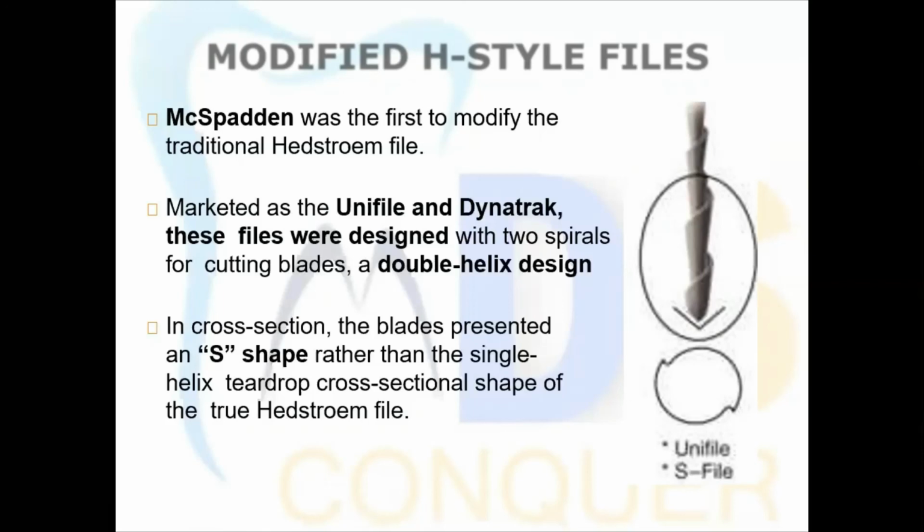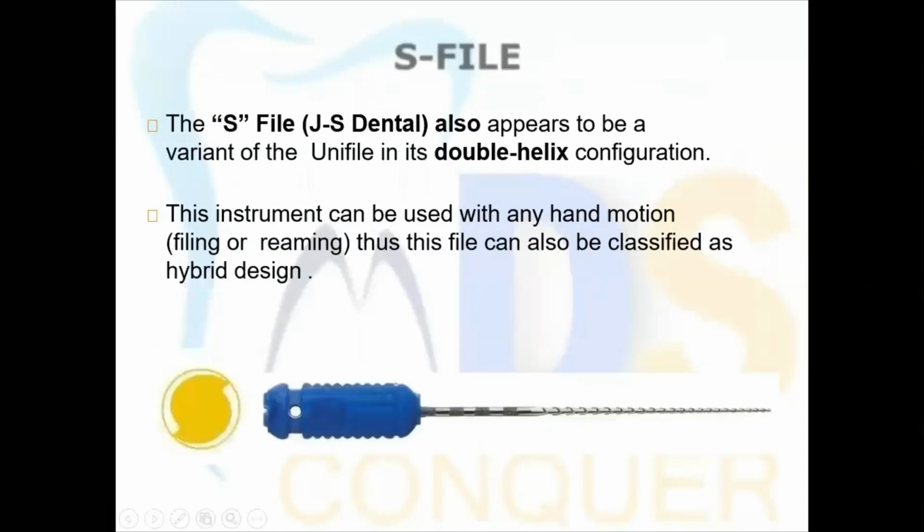What is the advantage of this double helix design? This instrument will be less subjected to fracture because of this cross section, but eventually they proved less efficient, so they are not marketed now.